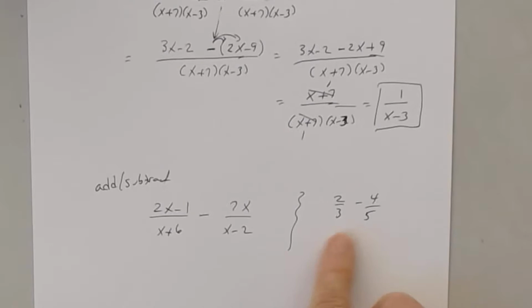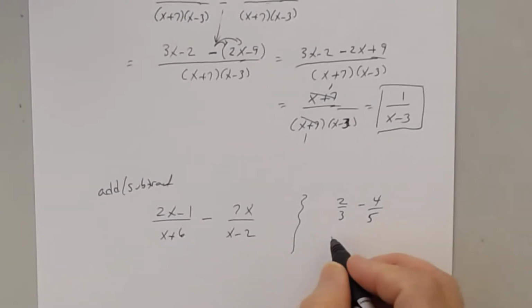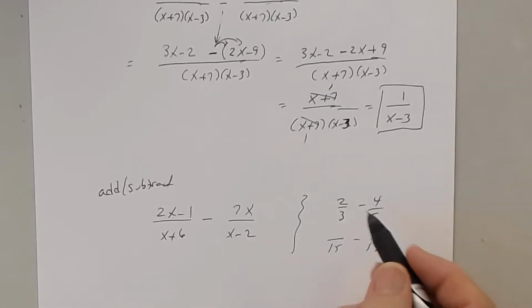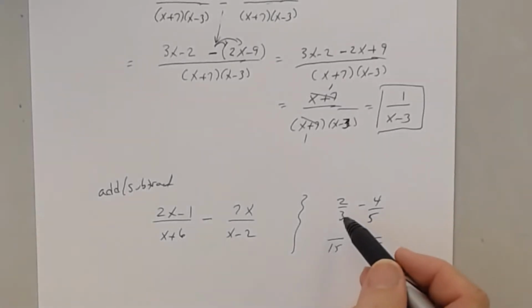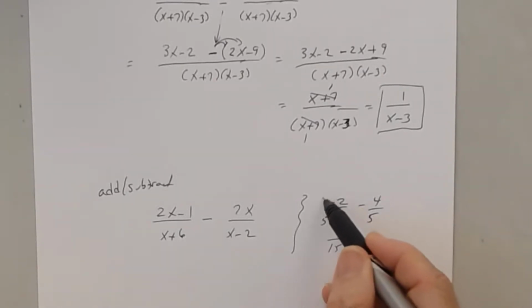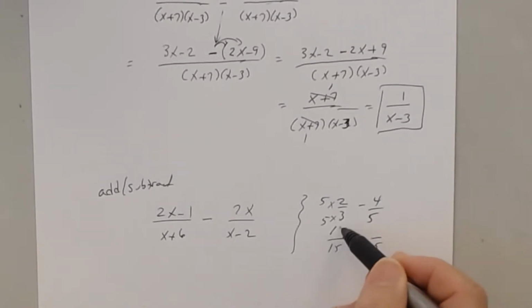And what would be the least common denominator here? 15. And so what you did next was you wrote two fractions with that denominator, and then you wrote equivalent fractions. So remember, you said 3 times what is 15? But what you do to the denominator, you have to do to the numerator, so that became a 10.